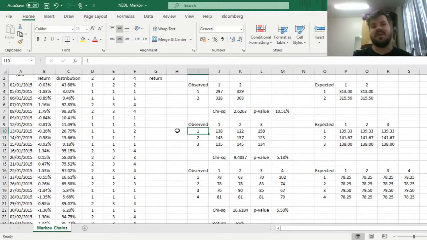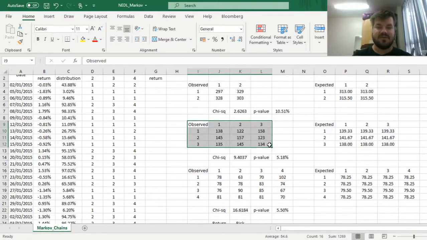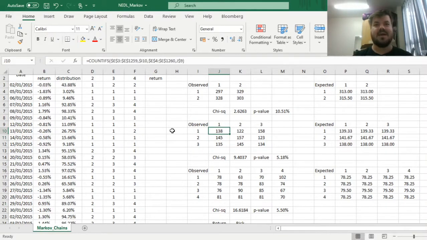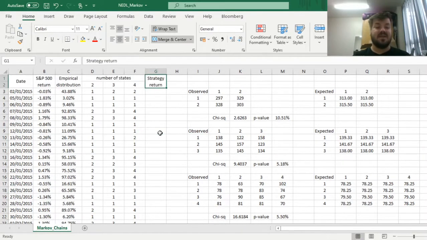So actually, this transition matrix tells us, well, it's probably good to invest in the market when it just went down by a lot. When the past transition state is 1, it's likely that the next transition state would be 3. So you will gain if you invest at that point. And let's just test that.